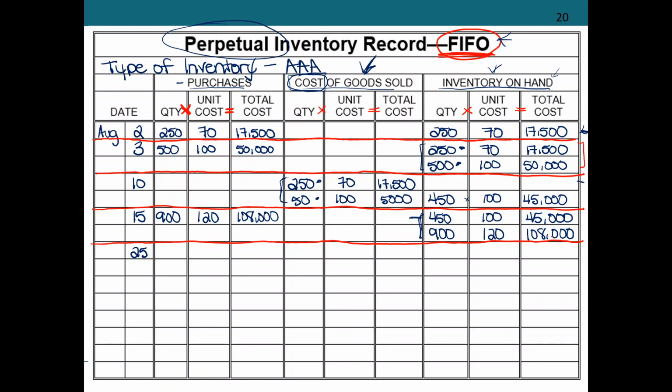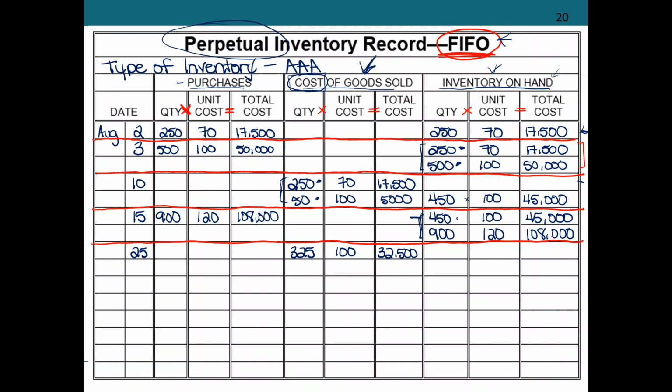We're only selling 325 units, so we get to use the full 325 because we have enough of these items at $100. So we take 325 times 100, which gets us 32,500, and then we update our inventory on hand.